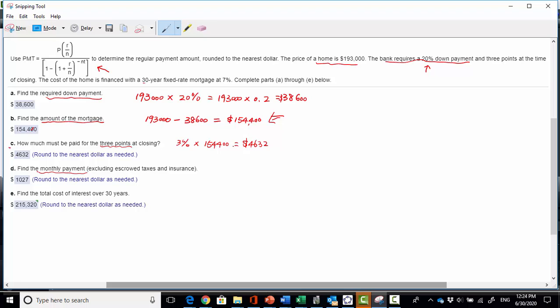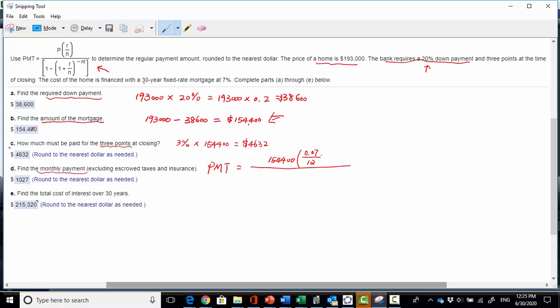Plug that into your payment formula. Remember, PMT equals, on top, P, your mortgage, so plug in the $154,400 here, times r, which is 0.07, divided by 12.